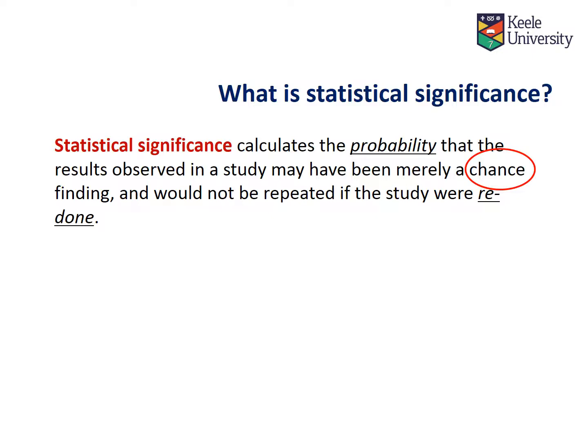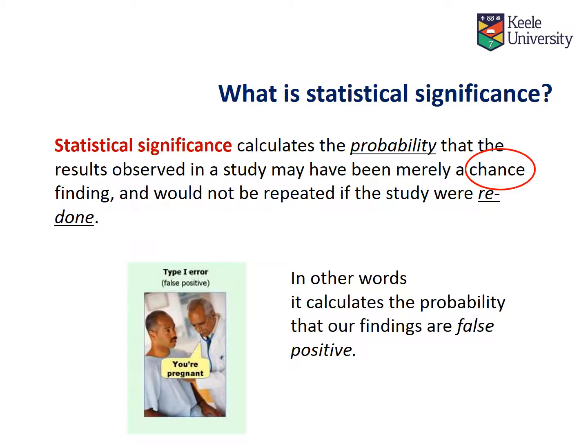So it is the probability that our result is purely by chance, either a false positive or false negative, meaning it is not true. In other words, it calculates the probability that our findings are false positive. And this is what is called statistical significance, the probability of having this worry that our results are false. And because it's a probability, it is given the letter P.